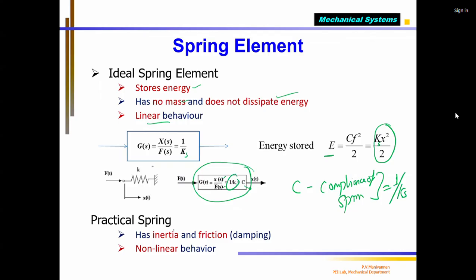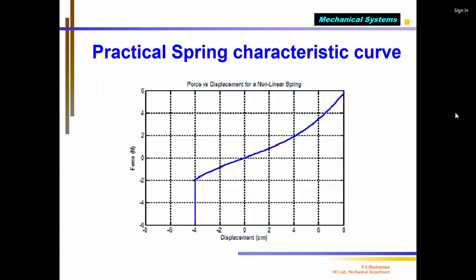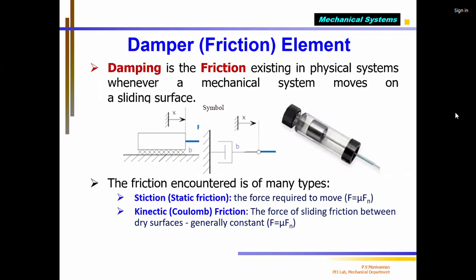A practical spring has some inertia and also friction because it is made of some material. It has weight, so automatically inertia will come, and it is non-linear in nature. And then we saw the damping element. Damping element produces a damping force. Generally, it is a piston moving inside a cylinder with a gap between the piston wall and the cylinder.